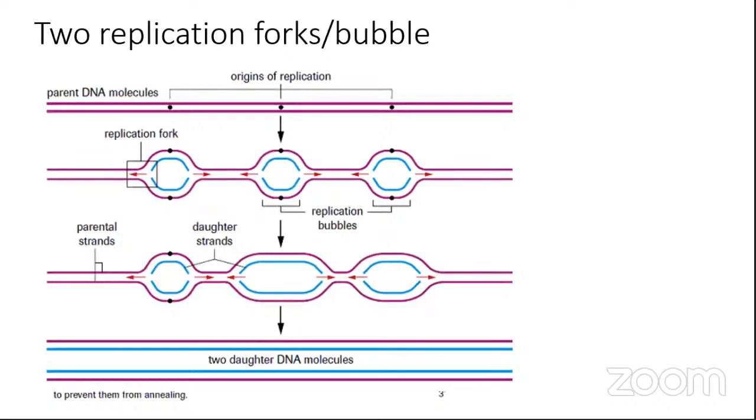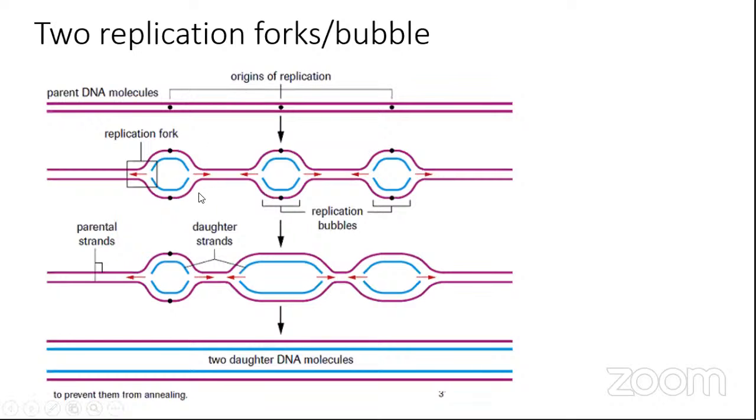As we all know, the genome size is very big, and to complete the total replication in a minimum time, in a few seconds, you need multiple replication forks or bubbles to replicate a DNA.